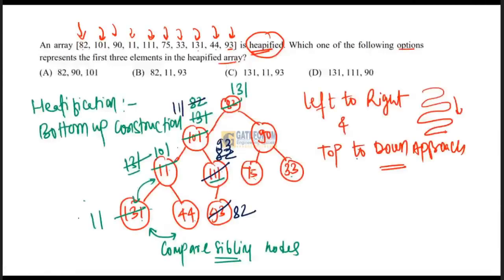After this, my tree will look like this, which I am constructing. After heapification, the tree will look like this. The root node element is 131.